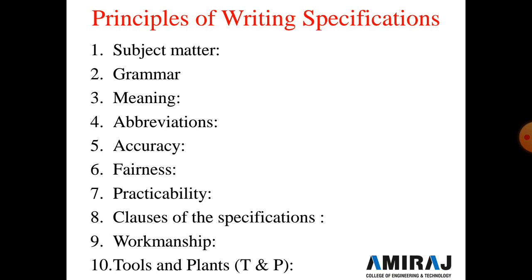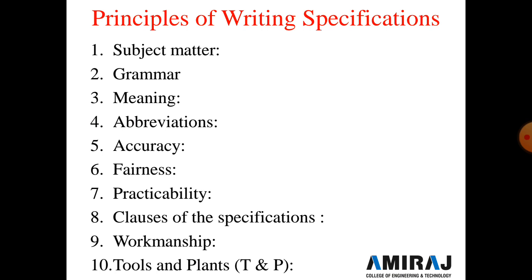And next is the seventh point, practicability. In practicability, specification should be framed keeping in view the practical limitations of the material and workmanship, and the specification should also specify the use of commercial sizes and patterns of material, as it becomes expensive to manufacture special sizes, and it also takes more time to prepare such types of material or items.